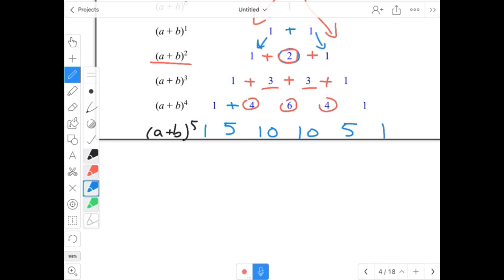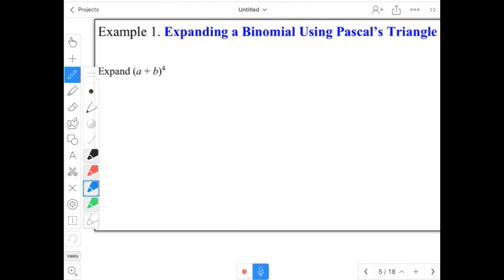And then a 1 on the outside. And that keeps on going. That's an infinite pattern that we could just continue, and it'll always work with expanding our binomials. Now there's another way that it could be shown, and we'll do that after this example.